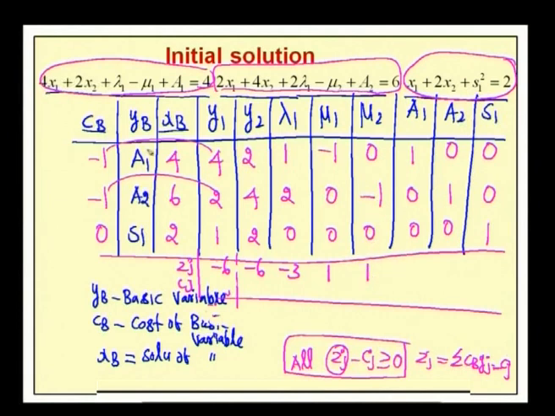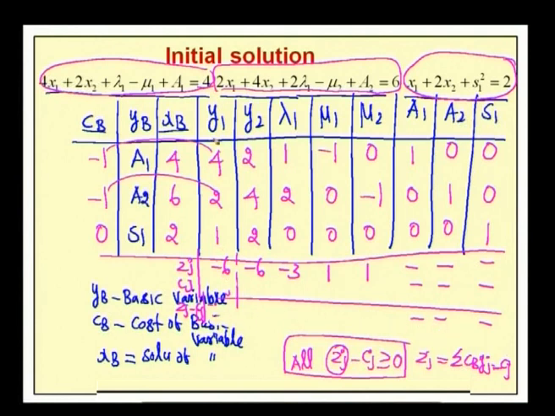Then in this table a1, a2, s1 are the basic variables which appear in the basis. Therefore, for these basic variables a1, a2, s1 our Zj minus Cj value is always 0. Therefore, there is no need to compute Zj, Cj and Zj minus Cj for the basic variables, because for basic variables Zj minus Cj values are 0.